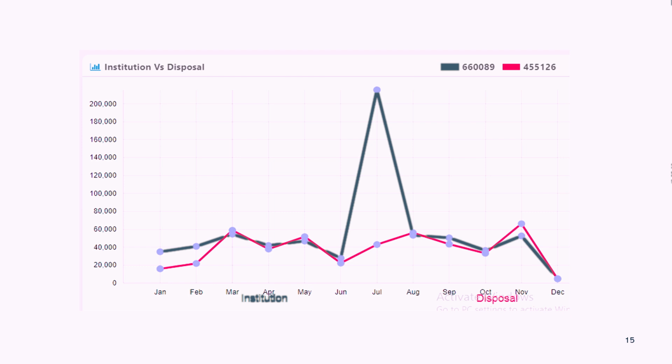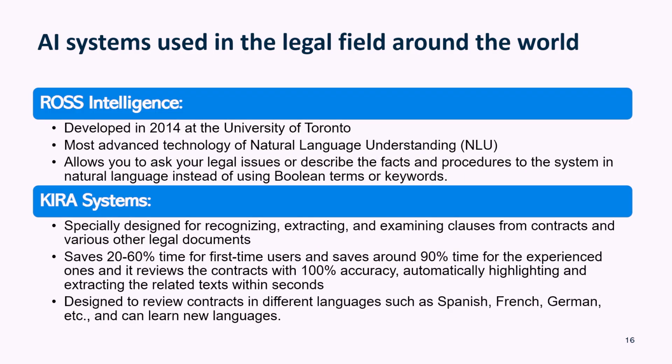It is a study which has been done by the European Union, wherein they saw a surge of disposal of cases with the usage of AI.